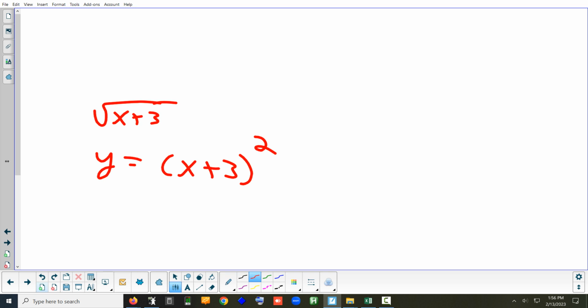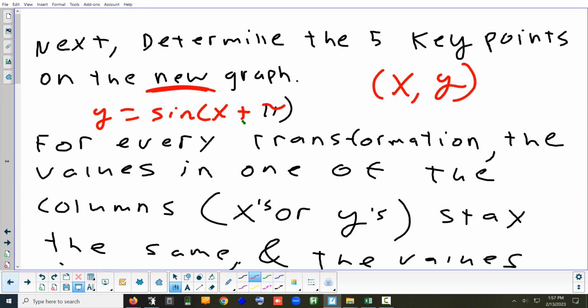If you put a plus or minus a number inside the parentheses or inside the root, it does move it left or right. Which way would +3 move? Yep, +3 is going to move it left. And if I had a minus here, it would move it to the right.